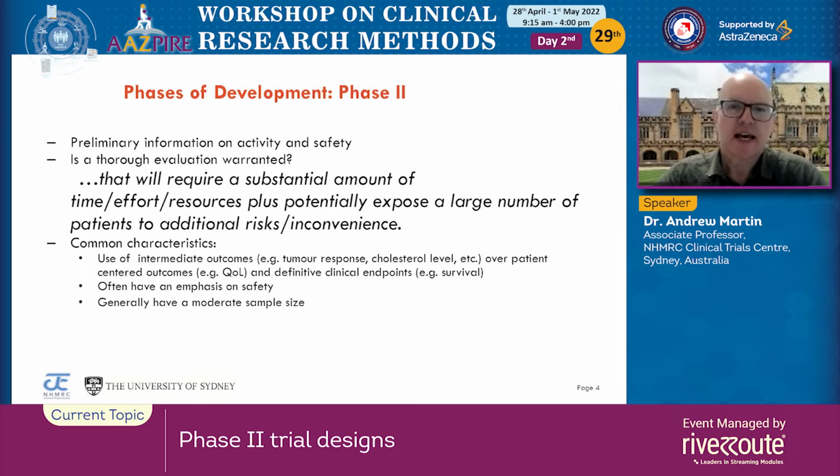Phase 2 studies are designed to follow on from Phase 1 that have shown feasibility, and their focus is on determining whether the intervention has a sufficiently promising level of activity and safety to warrant further evaluation in a Phase 3 trial, which will typically require a large amount of time, effort, resources, and patient participation.